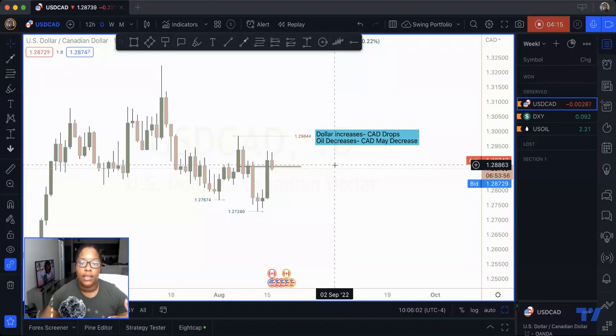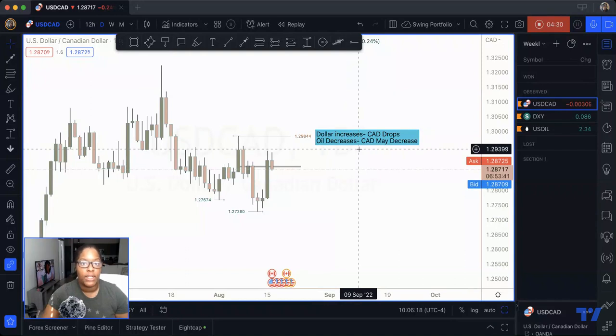Now, if the dollar increases, what does that mean for USDCAD? Well, if the dollar increases, then the CAD can drop. That's if we get some bullish information strong enough to push USDCAD up.